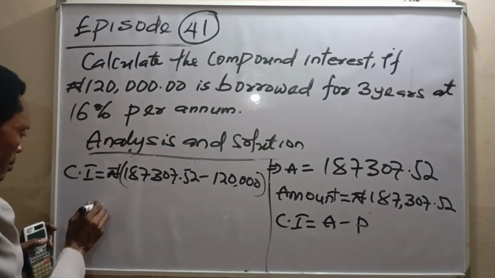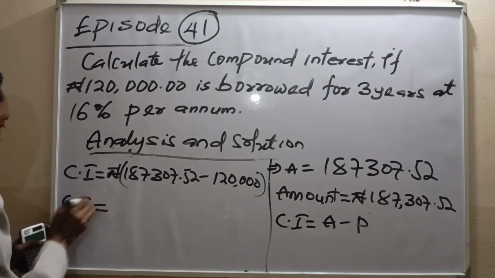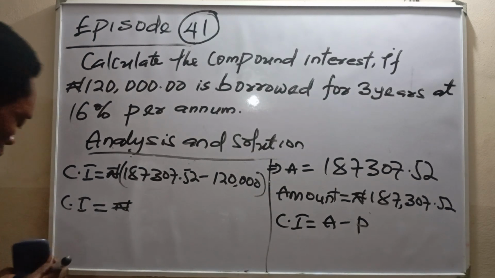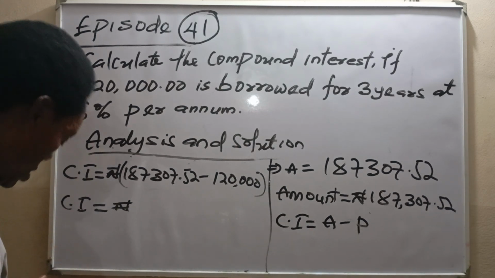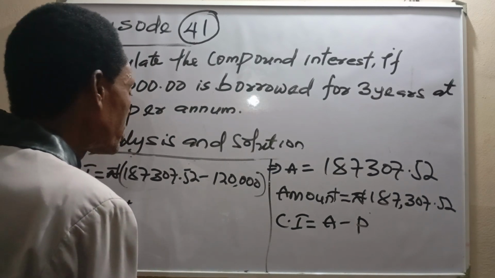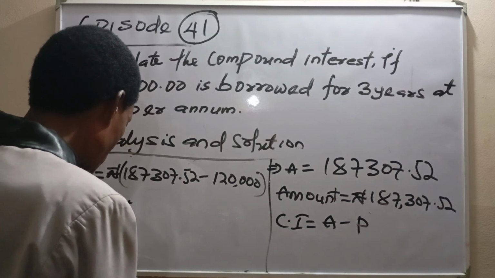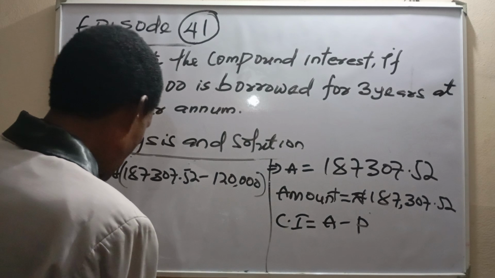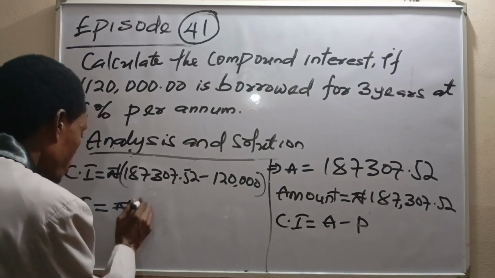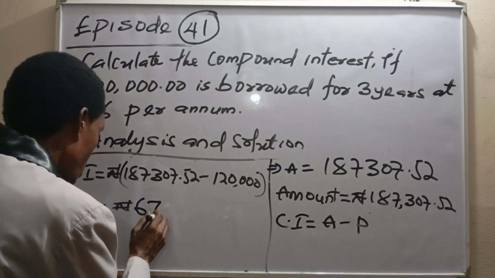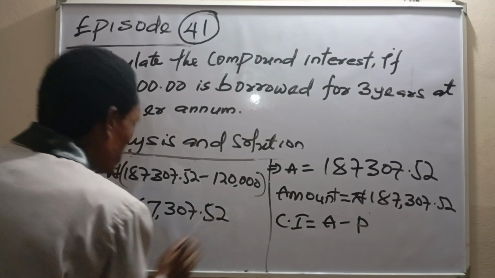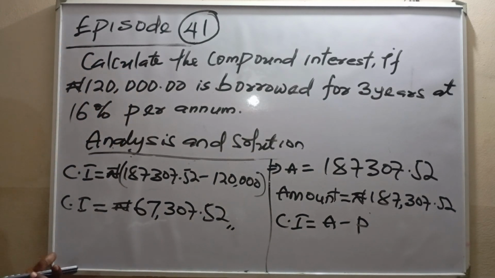Let's subtract and see what we have. So the compound interest will be 67,307.52. This is the answer to this very question.